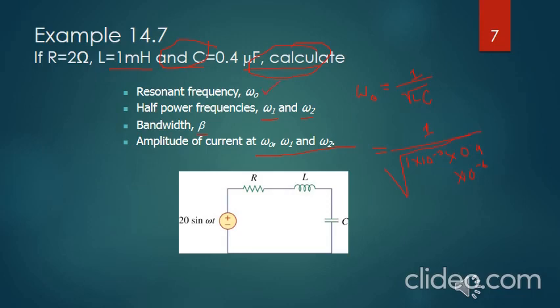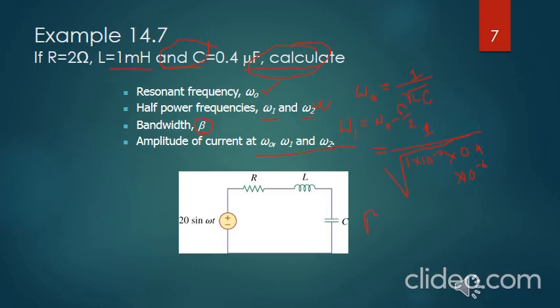For the half power frequencies, there are some equations I have told you in previous slides, omega 1 and omega 2. If it is a high quality factor, you can largely say that omega 1 is equal to omega naught minus beta by 2. You can find the beta from here.